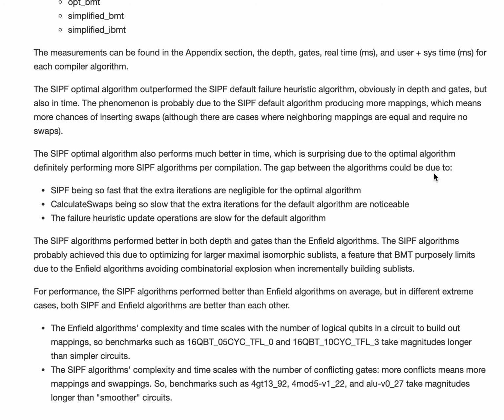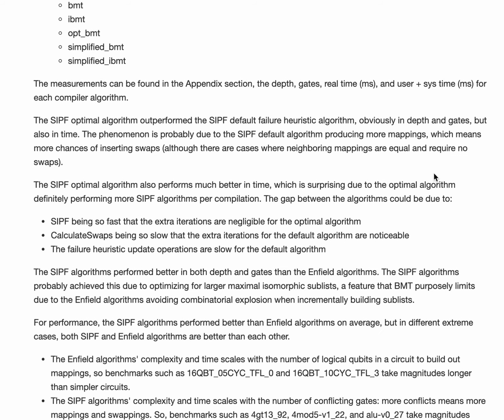And the SIPF optimal algorithm, which is the one that decreases one at a time, surprisingly does better, obviously because it's optimal, but it is also faster. And I think this is because the default failure heuristic algorithm produces more mappings on average, and every time you add an additional mapping, it's another token swapping calculation you have to do, which is really expensive relative to the SIPF algorithm.